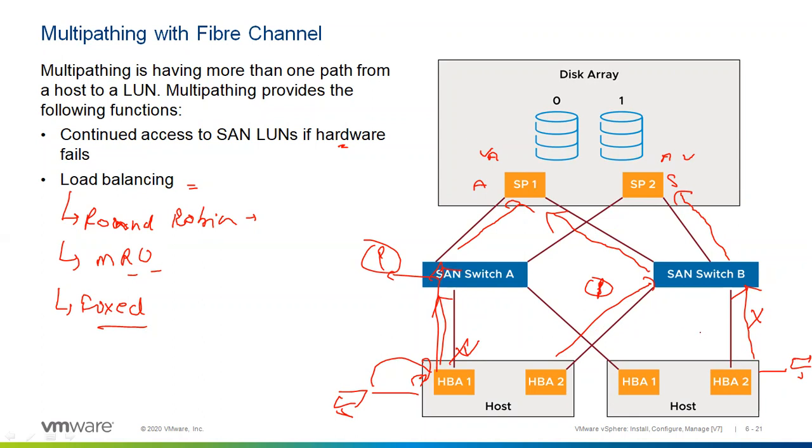Fixed is always a preference path. So normally people keep it as MRU, most recently used, because in MRU you always get failover also. So these are the load balancing mechanisms, and the actual load balancing happens in round robin only. MRU and fixed always use one path at a time, but if the path fails, they will fail over.